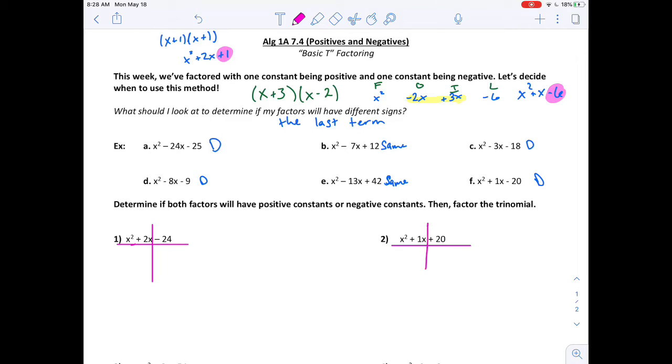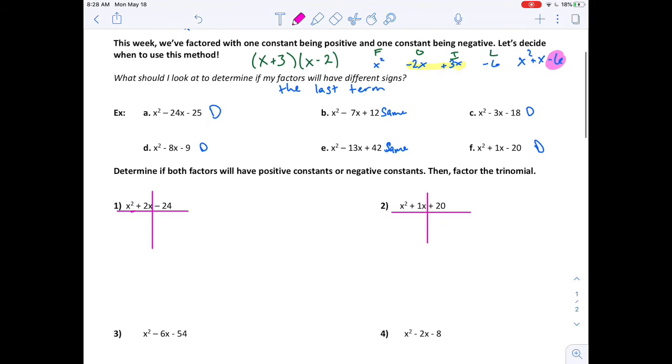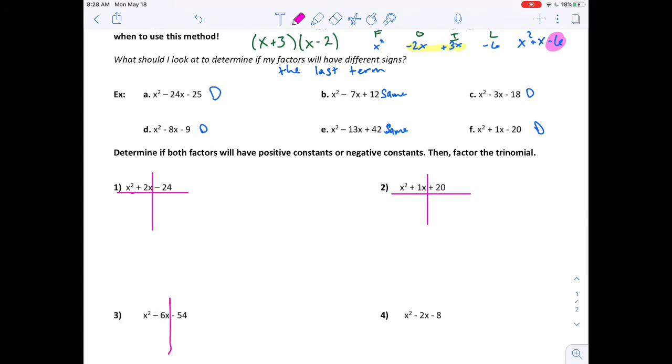So when we have different signs, I will have a negative last term, and I will have to decide what two terms subtract or have a difference of 2.